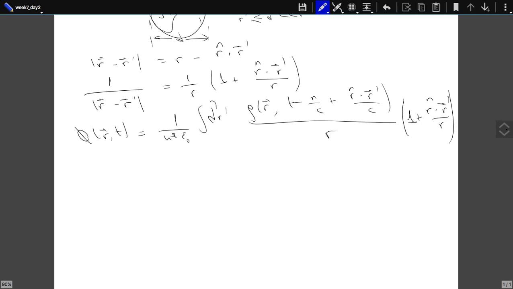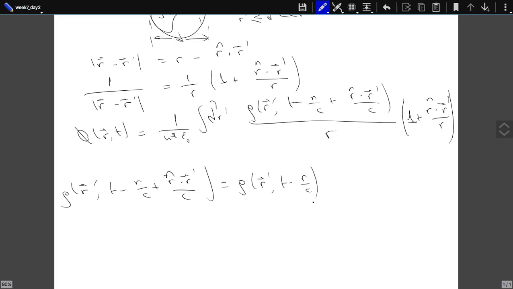Now, the next thing we will do is we will basically expand this rho around t minus r over c, using this as a small parameter. This is rho of r prime, t minus r over c.